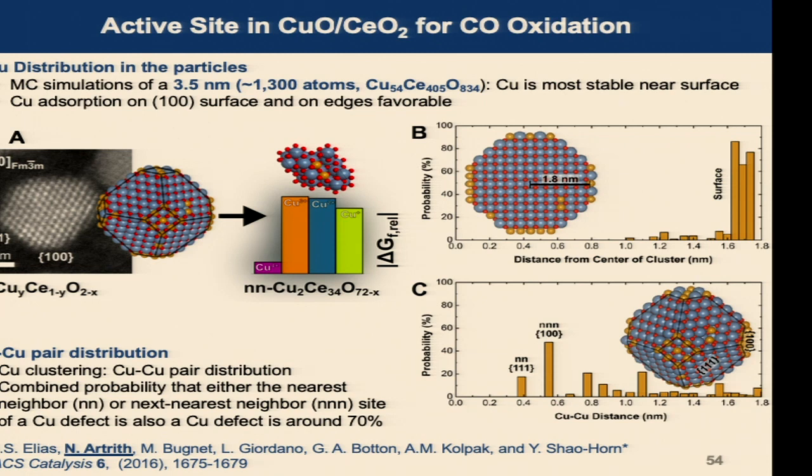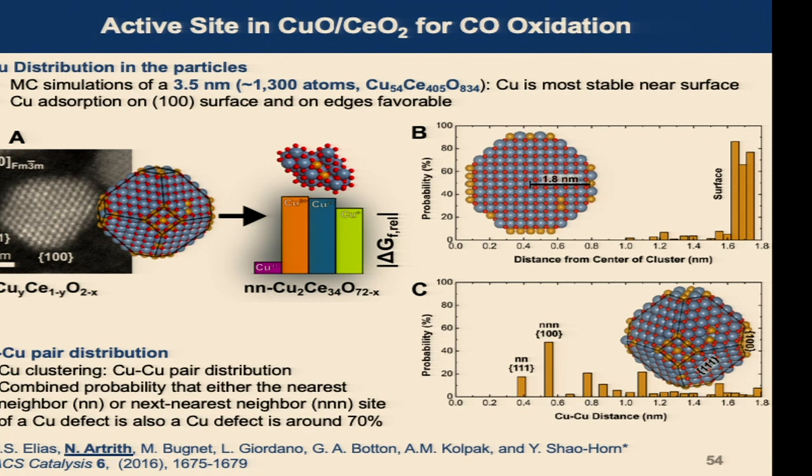We averaged the structures after equilibrium of the Monte Carlo structures, which is around 20,000 structures. We averaged the atomic positions, looking at the center of the nanoparticle, which is 1.8 nanometers, and counted the frequency.